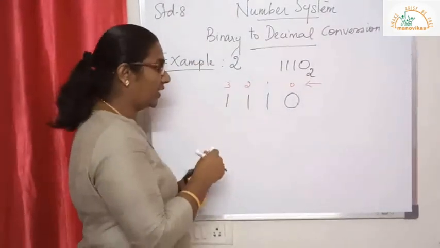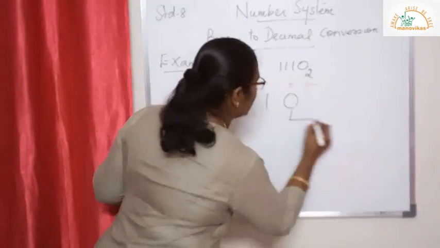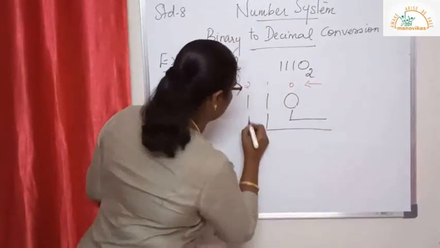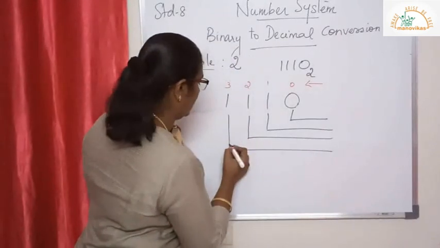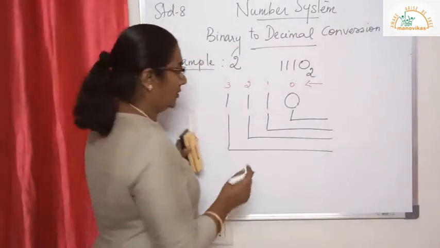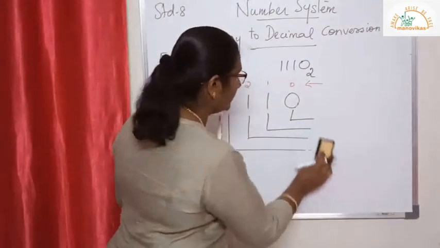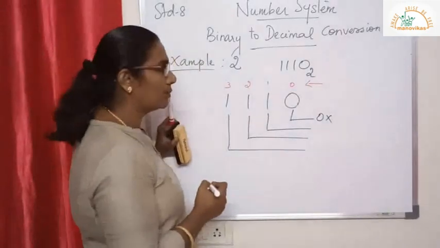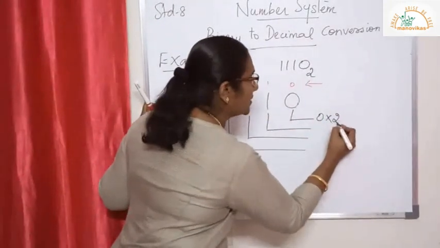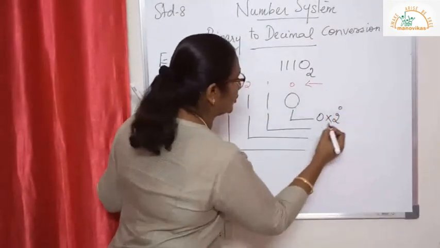Now step number 3, I said take all the digits, and multiply each digit by its base to the power of its position.